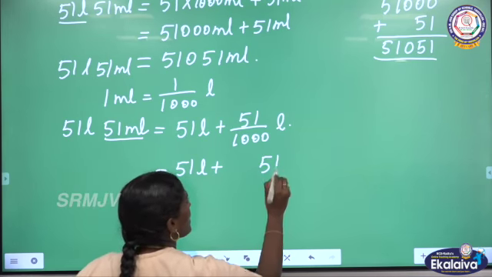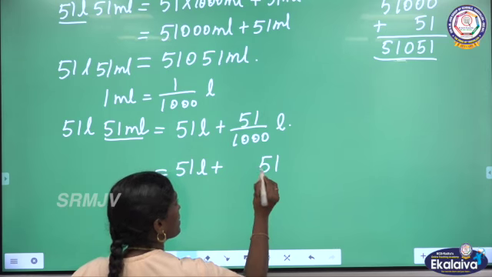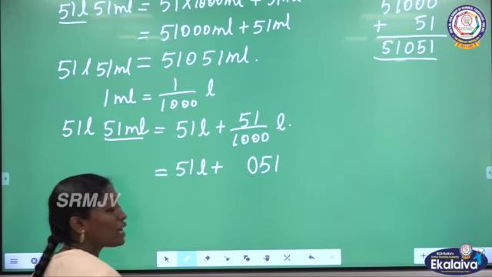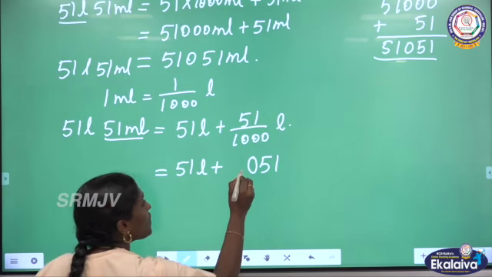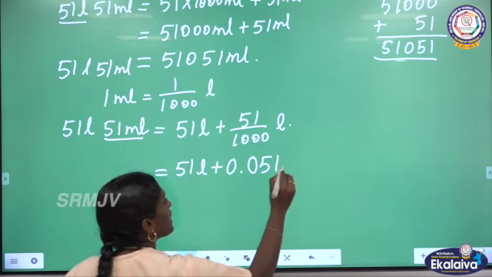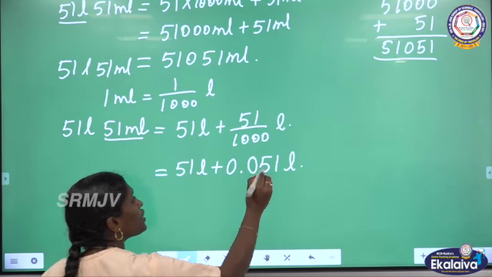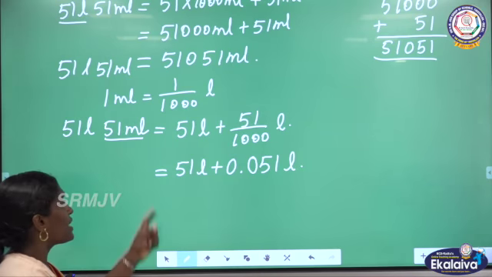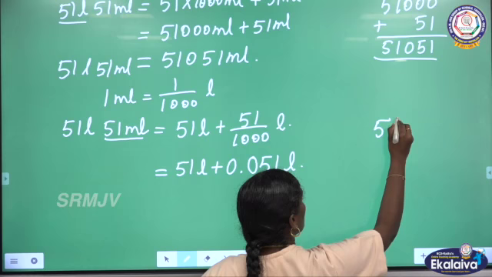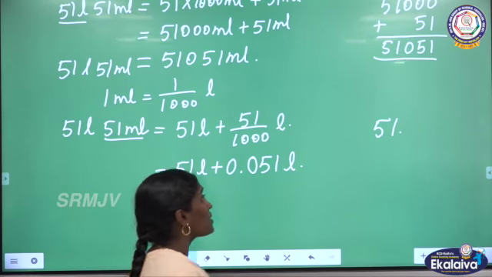Here we are having two places. We need one more place. For that in front of the number we have to add 1 0. Then we have to keep the decimal point. Here the whole number part is 0. Then that is 0.051 liter. Now we have to add these two. Here 51 is a whole number. Here the decimal part is 0.